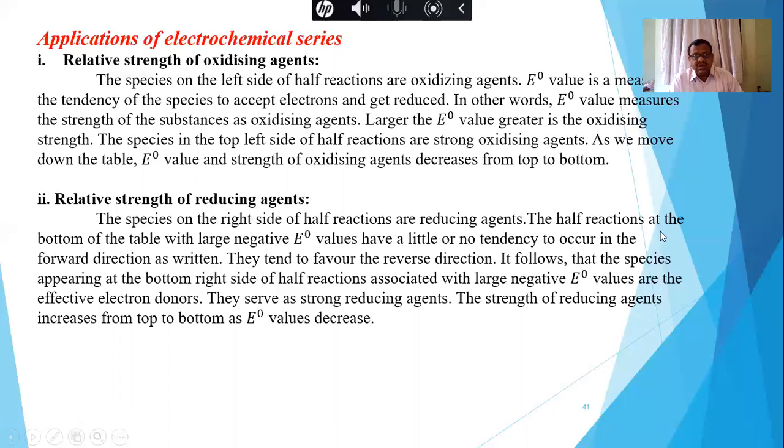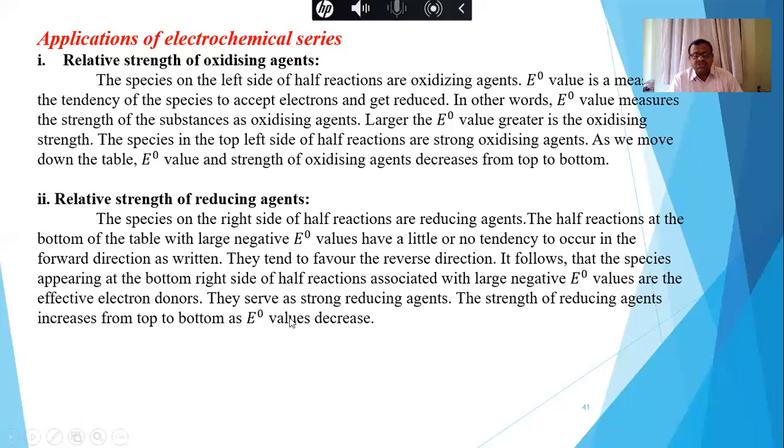The half reaction at the bottom of the table with large negative E standard values have little or no tendency to occur in the forward direction as written. They tend to favor the reverse direction. It follows that species appearing at the bottom right side of half reactions associated with large negative E standard values are effective electron donors.